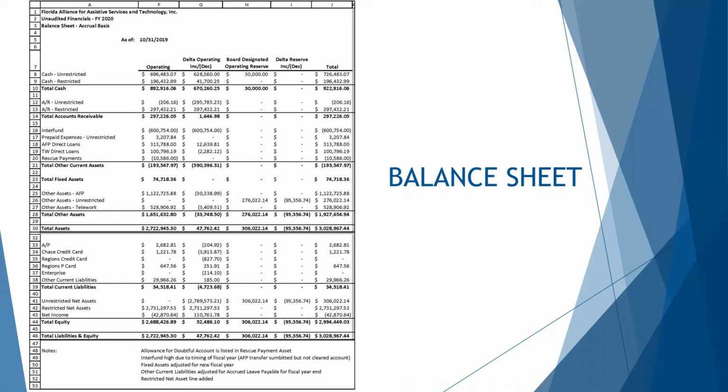This is where we actually see it on the financials that we're trying to do something and not just, you know, letting them default or not paying attention to this, or even if it does ultimately become bad debt, it's at least accounted for and we know how much is accounted for. So out of almost $415,000 worth of loans between AFP and telework, we've got $10,586, which is in jeopardy. So, which is a pretty good ratio.